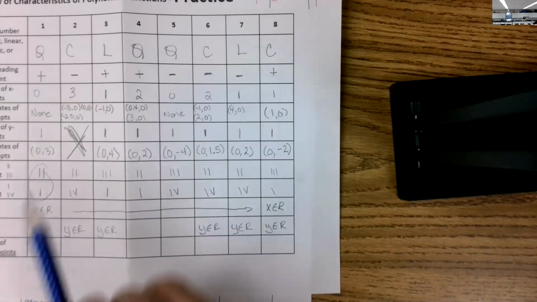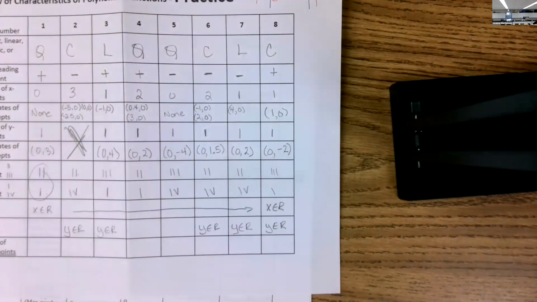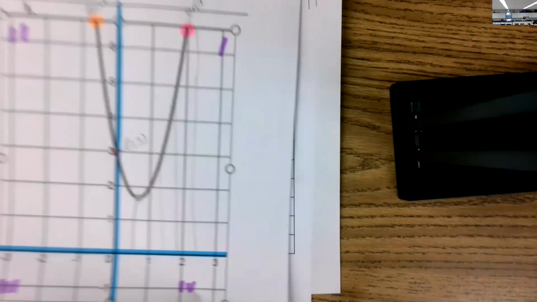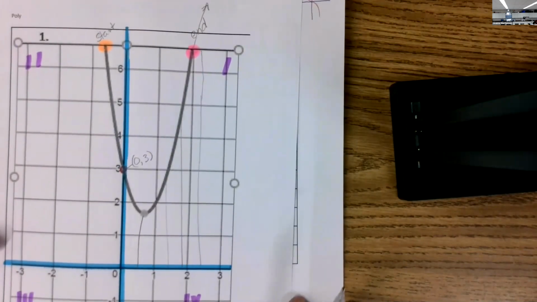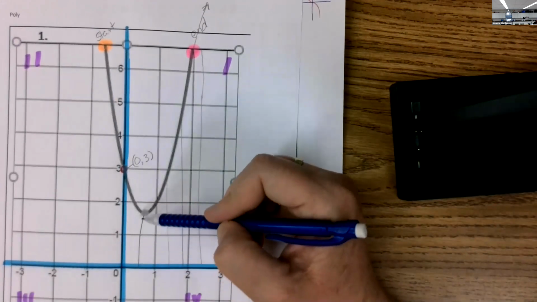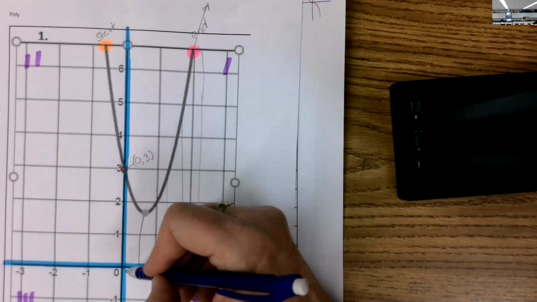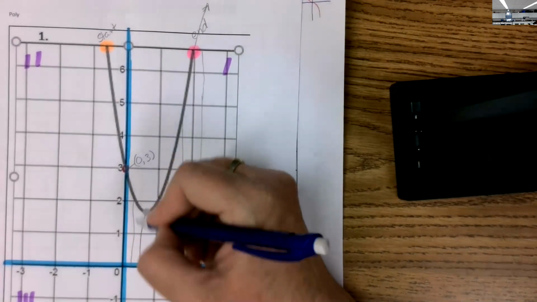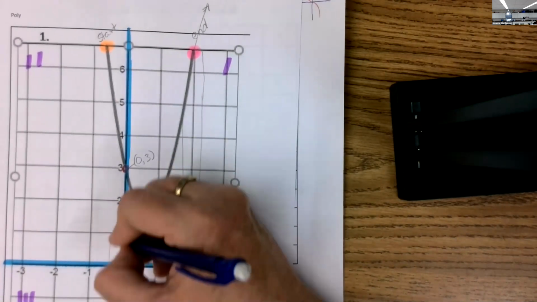And what's left are the quadratics. The quadratics require a teeny bit of work. Because, for example, if we look at number 1, when I talked about domain, I said I can draw a line from my x going up or down, and I'm always going to keep hitting my graph.